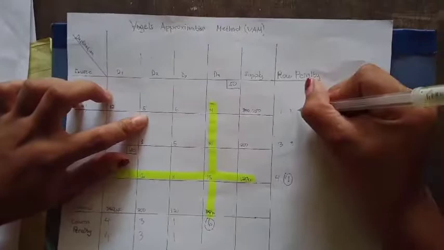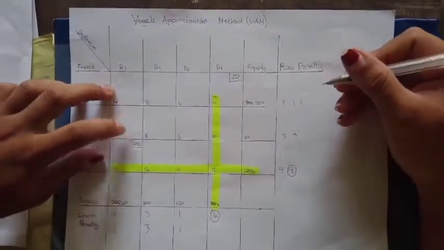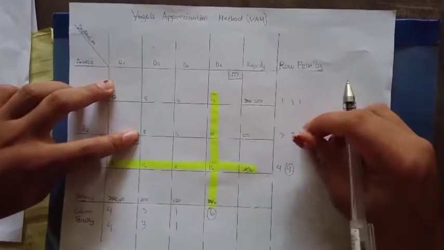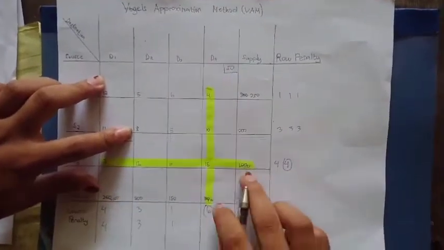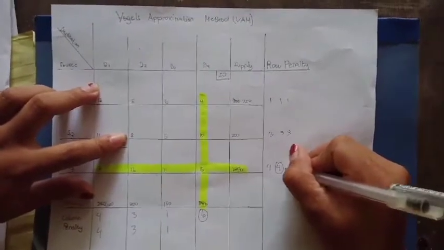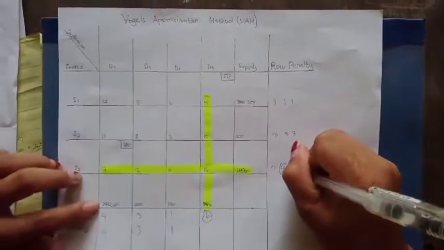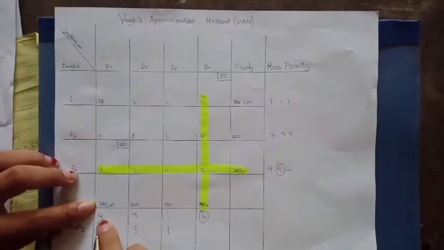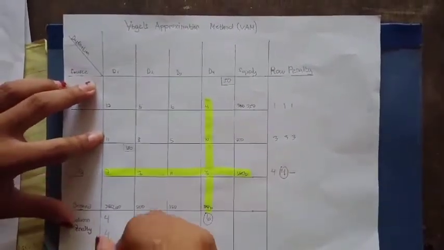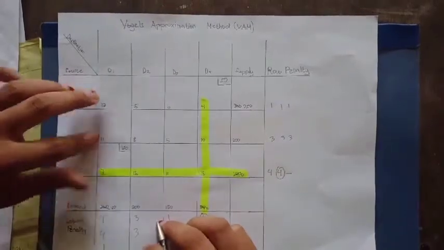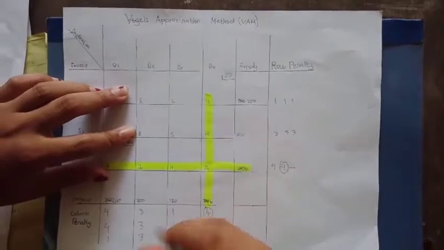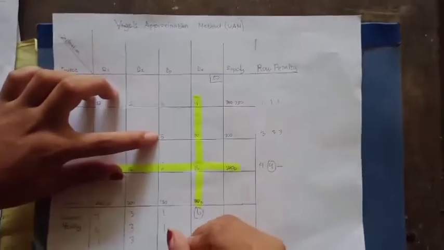So next is same process. 5 minus 6 is 1, 8 minus 5 is 3, then it's already 0, so cancel. Then here is 12 minus 11 is 1, then 8 minus 5 is 3, then 6 minus 5 is 1.